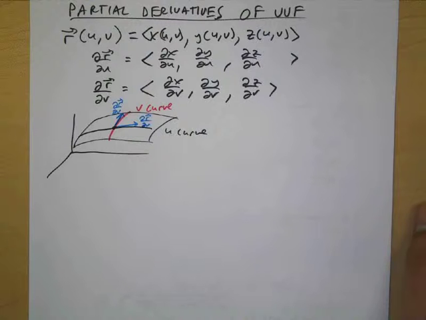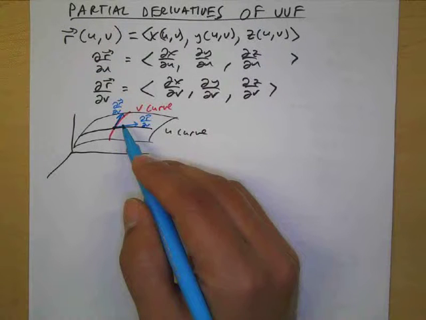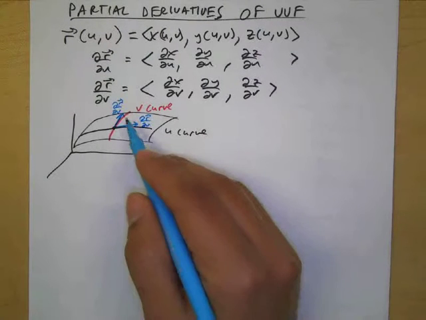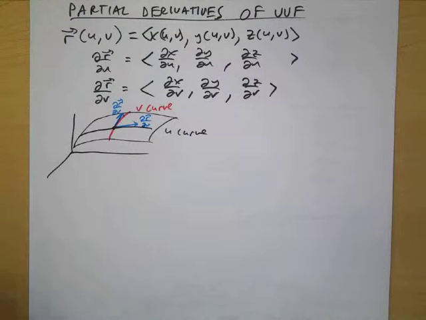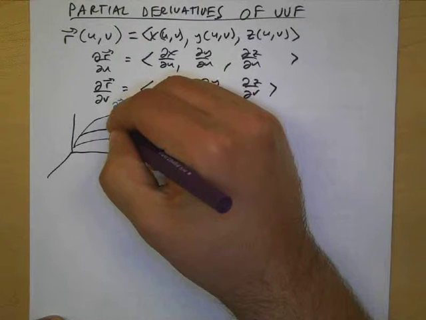Now, what do you suppose would happen if you took the cross product of partial r, partial u, and partial r, partial v? You'd get a normal vector. So let's pull out another color. It looks something like this.